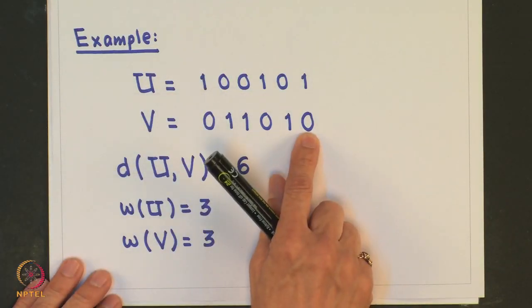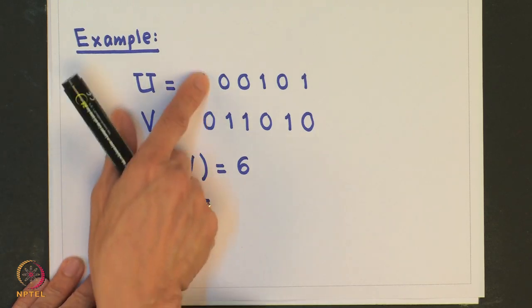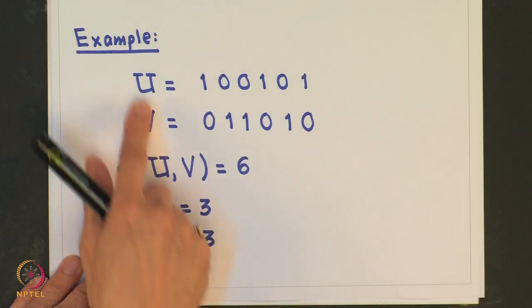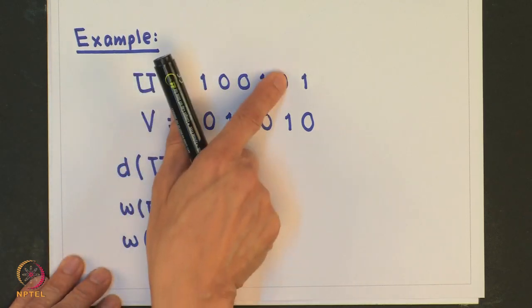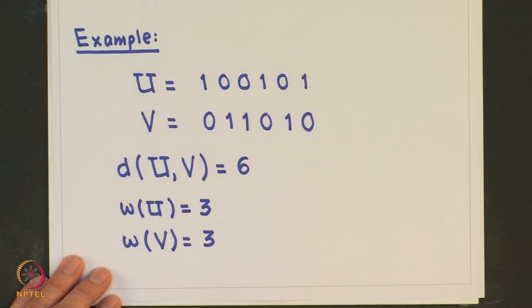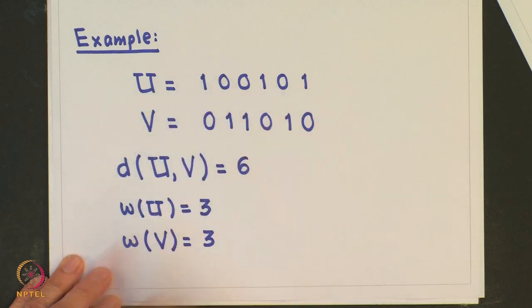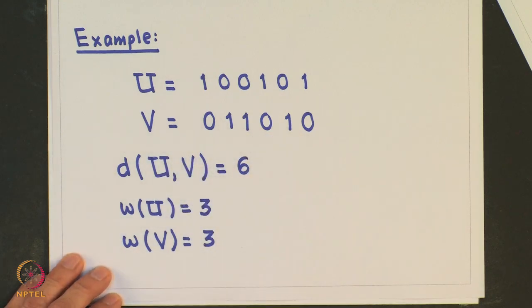If I have two code words U and V, which are 6-tuples each, then the distance between the two code words is given by the number of components at which they differ. So, 1, 2, 3, 4, 5, 6. So, the distance here is 6, and the weight of this code word U is equal to the number of non-zero components, which is 3, and similarly the weight of this code word V is 3.